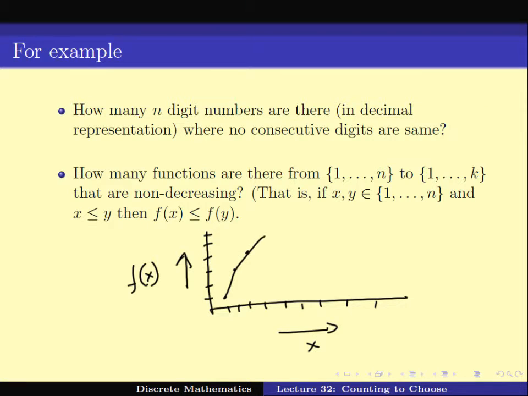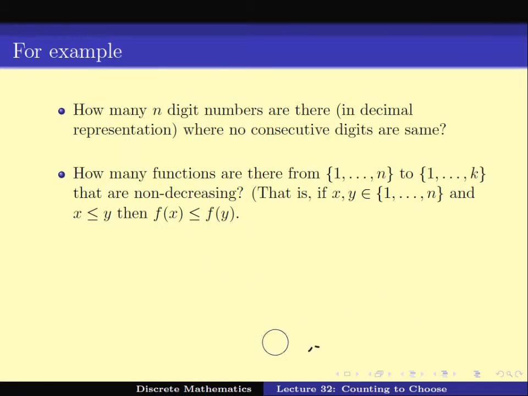But if I draw this, it should not suddenly drop off. It is fine if it remains at the same level. Something like this is okay, where the function curve doesn't go down. The function curve is allowed to remain horizontal to the x-axis. How many such functions are there from 1 to n to 1 to k?